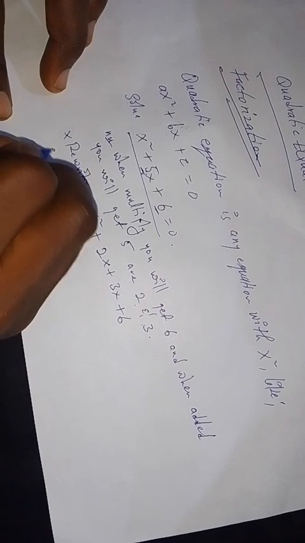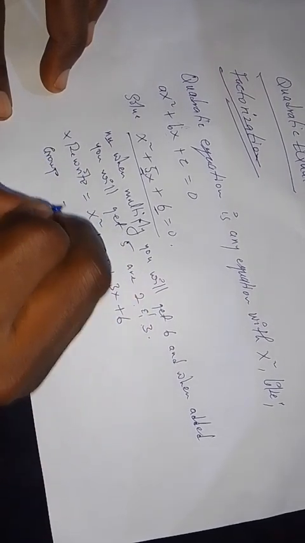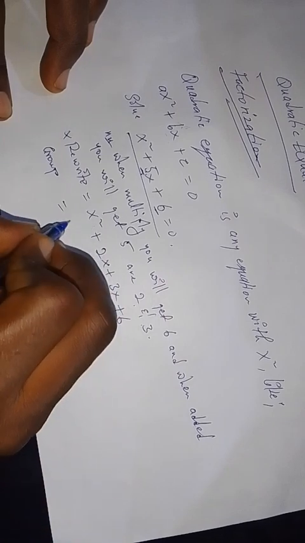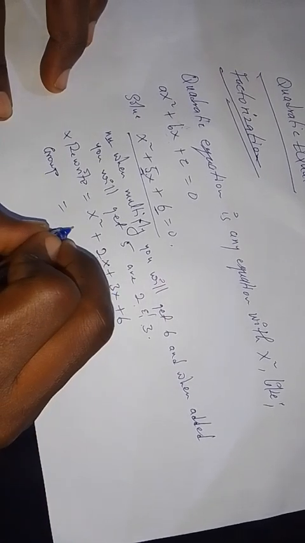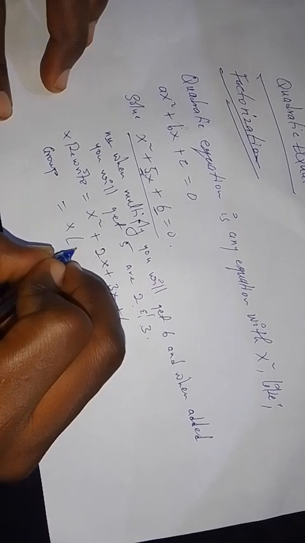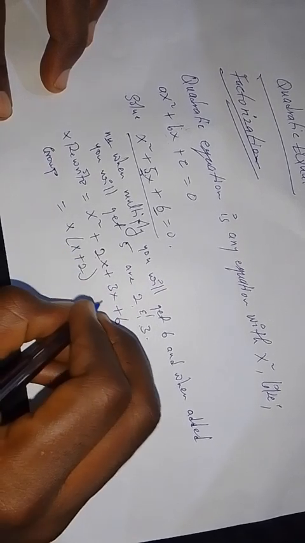Then you group like terms. When you group them, x will stand out of the first pair, giving x times x plus 2.